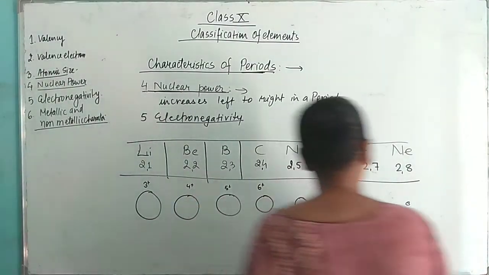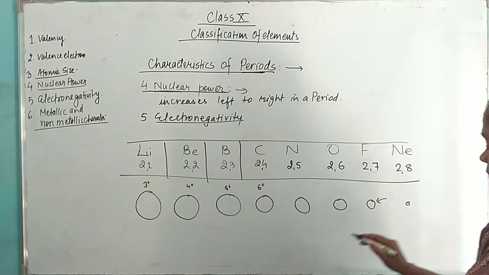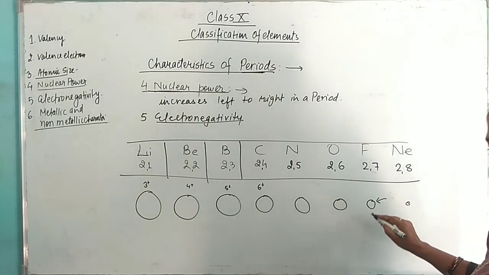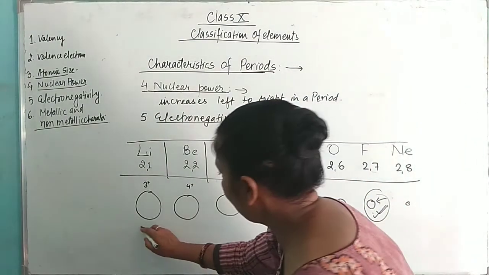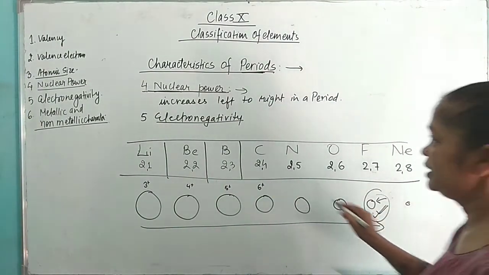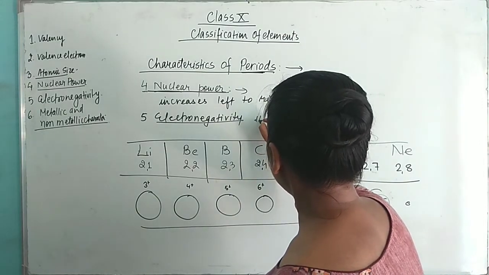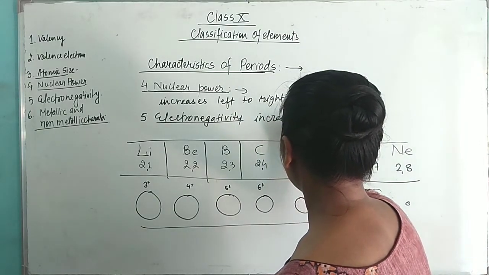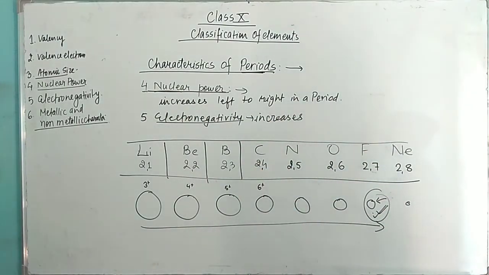Electronegativity, the tendency to gain the electron in the valence shell from the outer atoms, is increasing. So as we are moving from left to right, what is increasing? Electronegativity increases in a period.